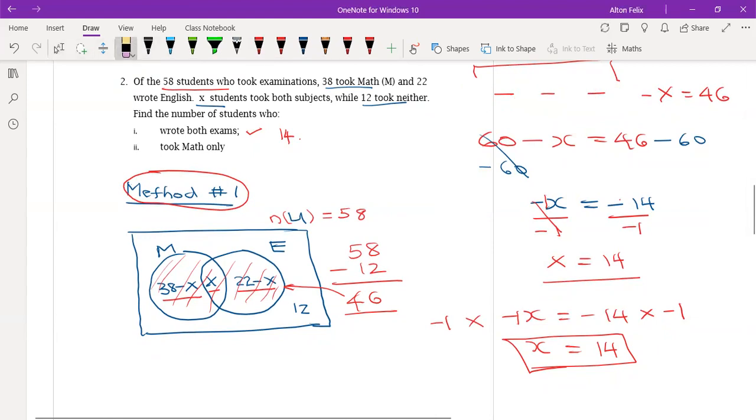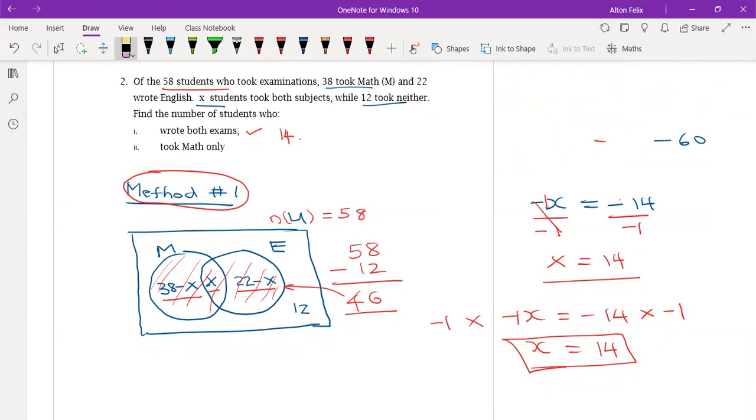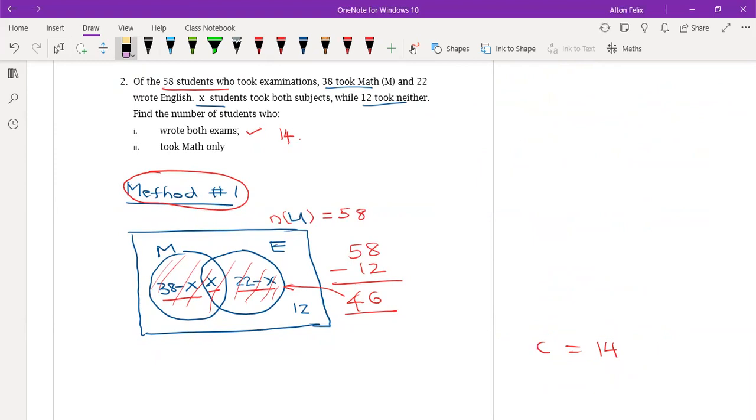Let's make some room as we look at method 2. Okay, so in this method, we will be using our formula. What is this formula? I'm glad you asked.